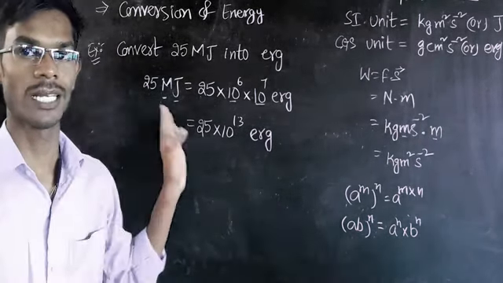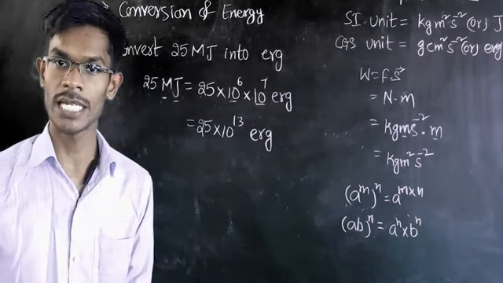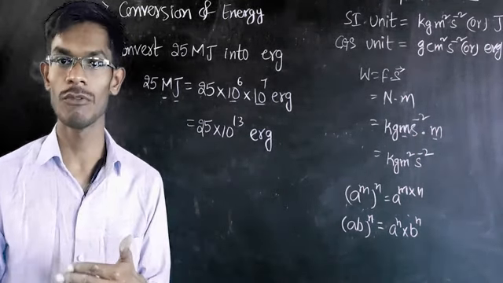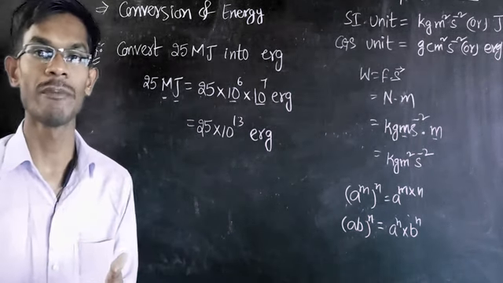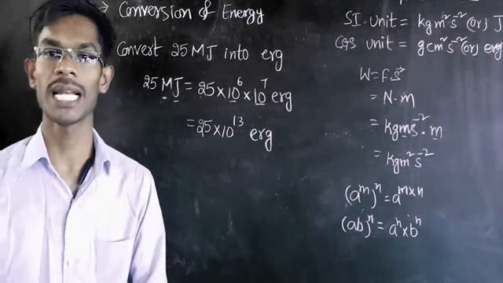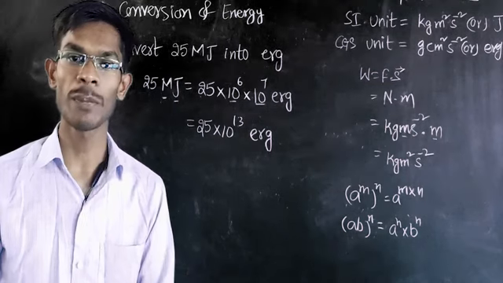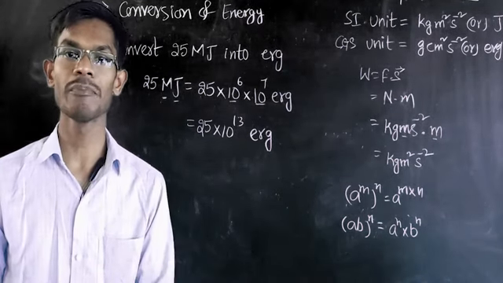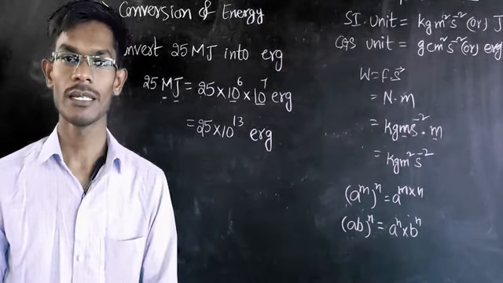So here what we have learned: the SI unit of speed is meter per second and the practical unit is kilometer per hour. If we are converting from kilometer per hour to meter per second, we consider a fraction of 5 by 18. 1 kilometer per hour is equal to 5 by 18 meter per second, and 1 meter per second is equal to 18 by 5 kilometer per hour. These are the two conversion factors that we will use for speed.